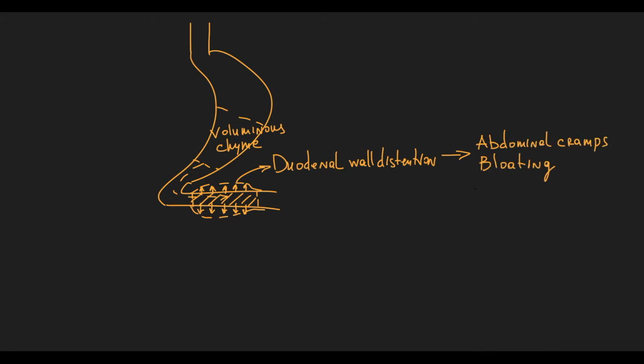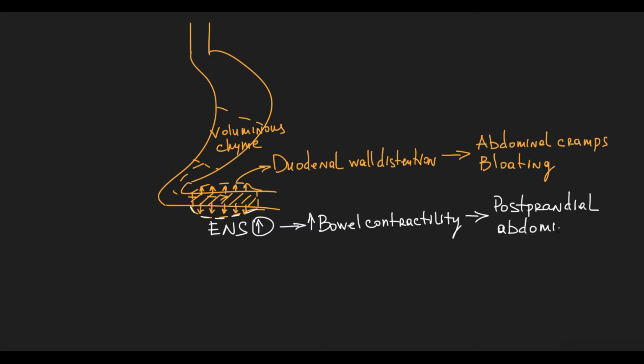The distension of the duodenal wall is sensed by the enteric nervous system. The enteric nervous system becomes activated and reacts through local pathways by increasing bowel contractility, which clinically manifests as postprandial abdominal pain. Also recall that adaptability of the enteric nervous system is unique for every human. Some patients with high adaptability adapt quite easily and faster to any changes in chyme.